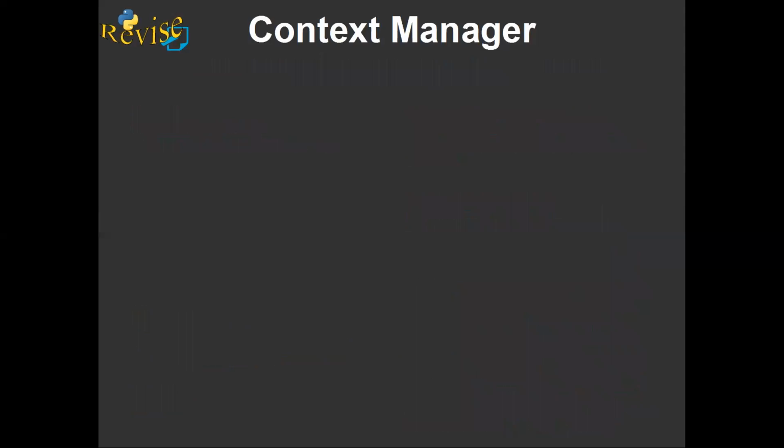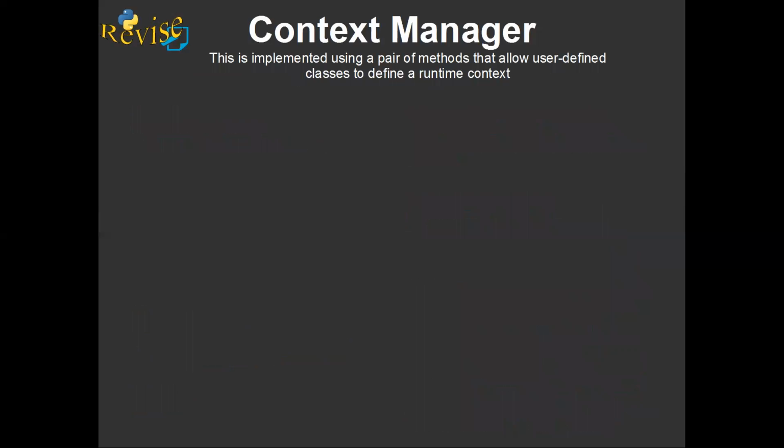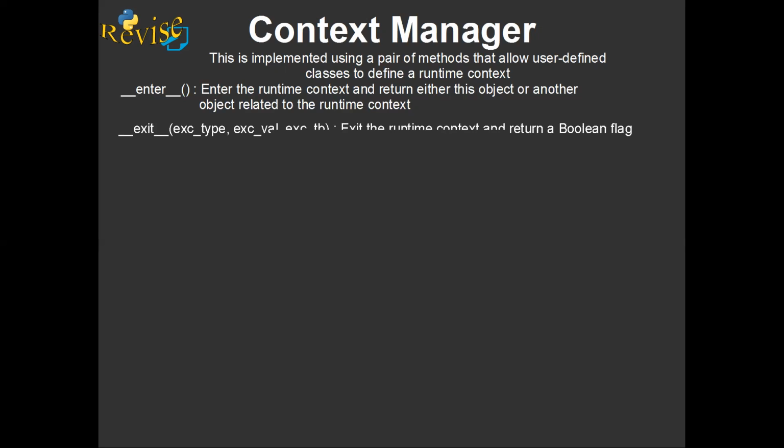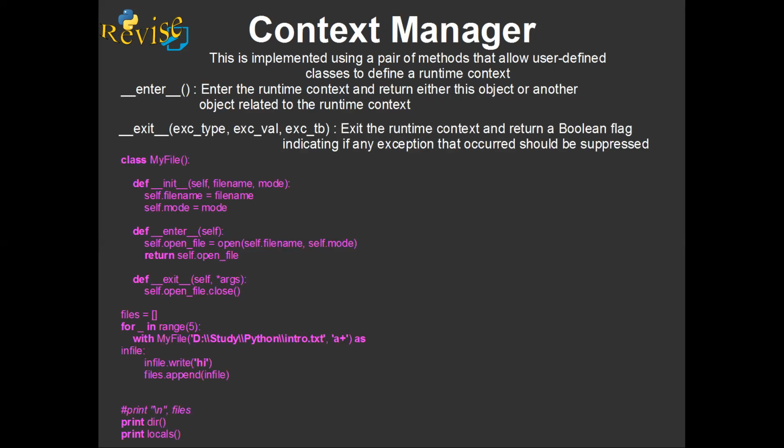You can implement your own context manager using a pair of methods: the dunder method enter, which helps in entering the runtime context, and the exit method, which helps us exit the runtime context gracefully because it suppresses exceptions. So now we'll see this is our class.